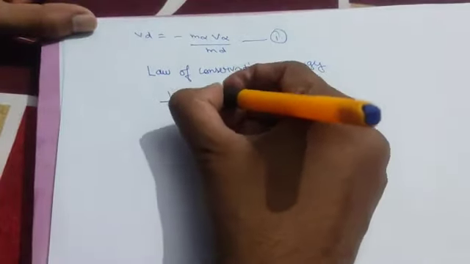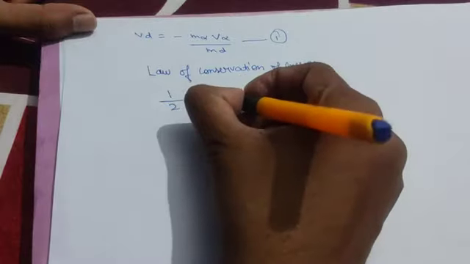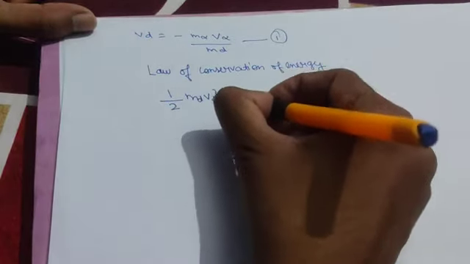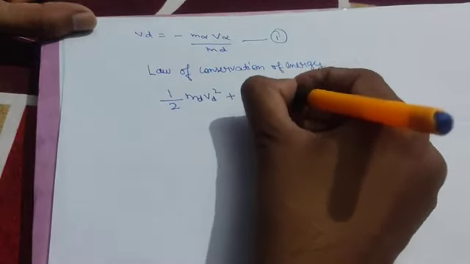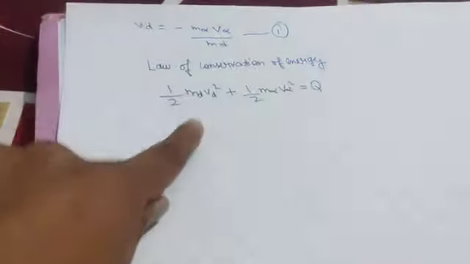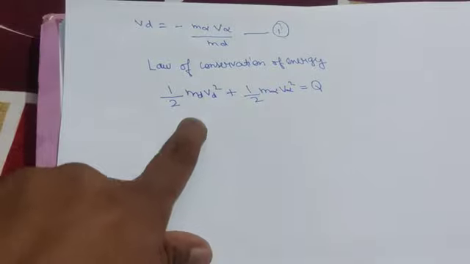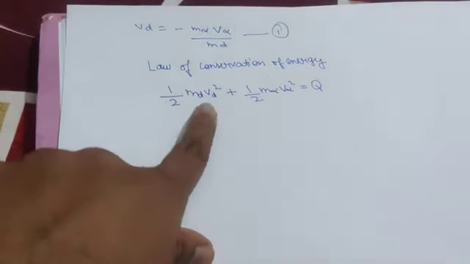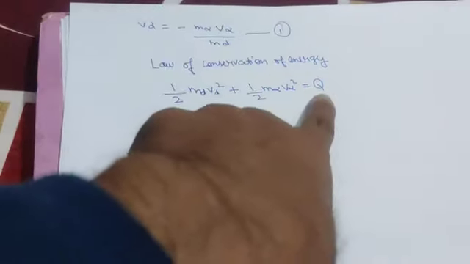So half md vd square is the kinetic energy of the daughter nucleus, and half m alpha v alpha square is the kinetic energy of the alpha particle, and the sum is equal to Q, the energy released.